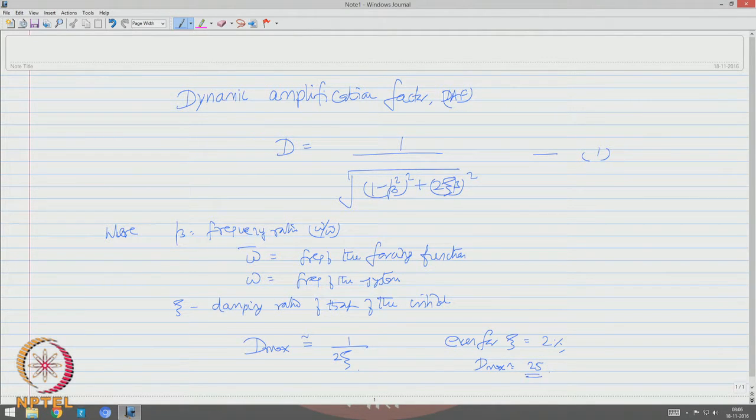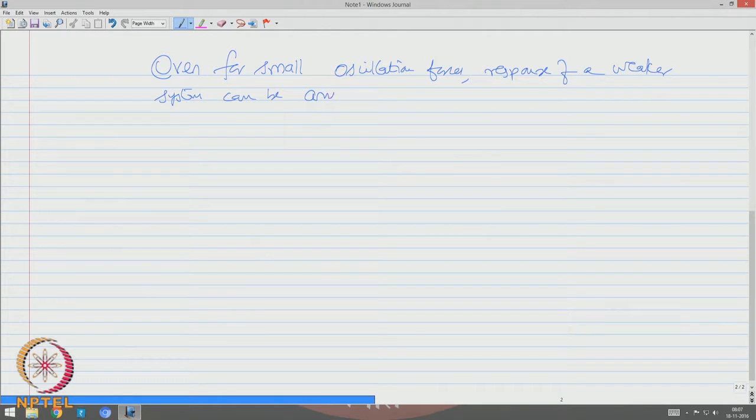This implies a very important understanding for us: even for small oscillation forces, the response of a weaker system can be amplified to a significant amount.